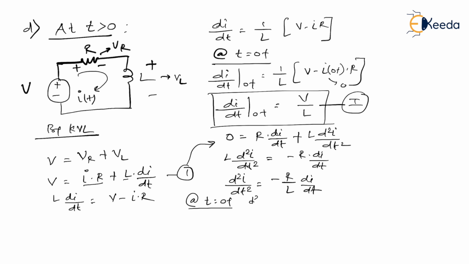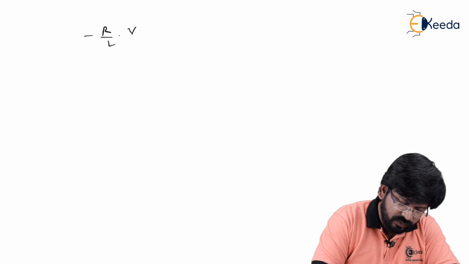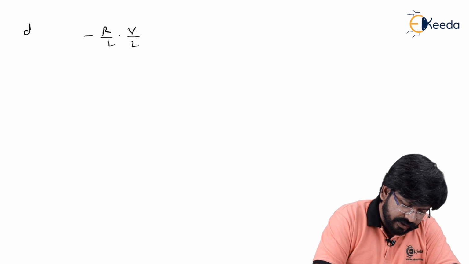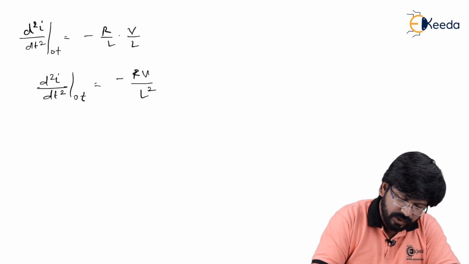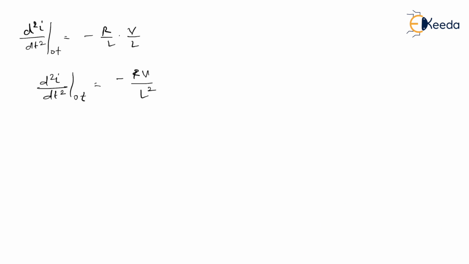So d square I by dt square at 0 plus is minus R upon L times di by dt at 0 plus. Do we know the value of di by dt there? Of course yes, it was V by L. So substituting, minus R by L into V by L. Finally, d square I by dt square at 0 plus becomes minus RV upon L square. So this is the final value.